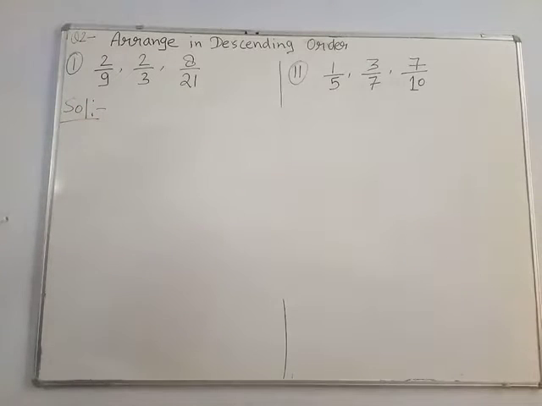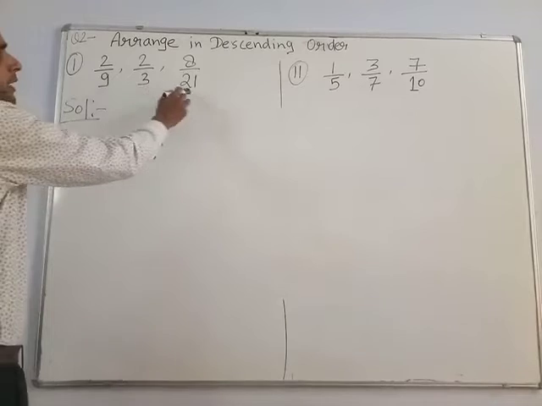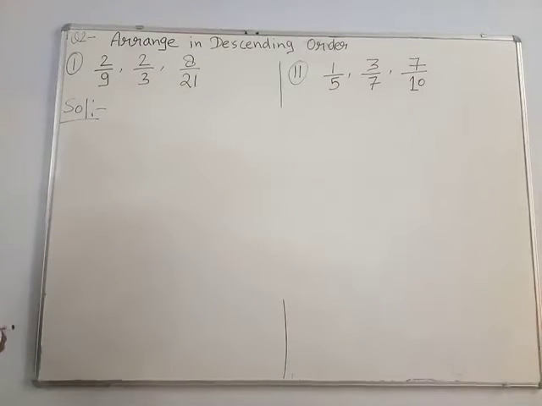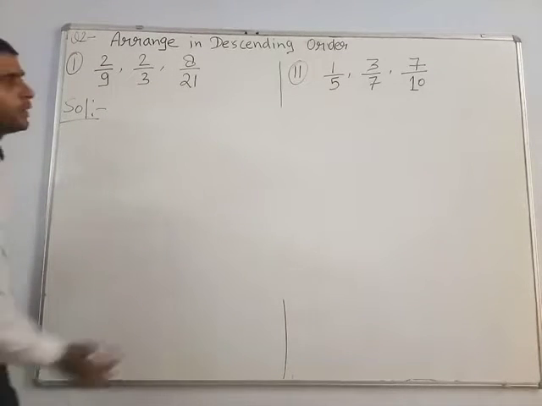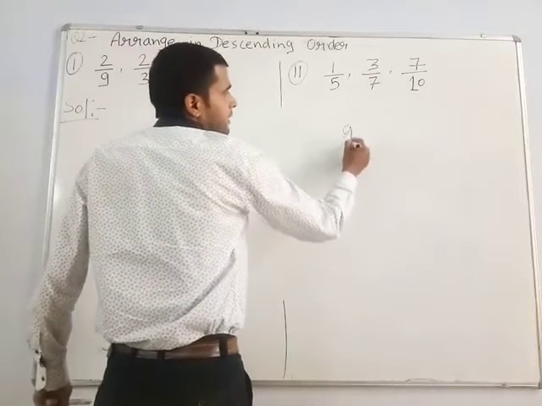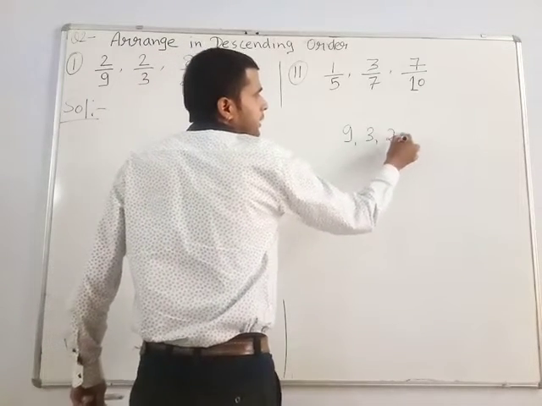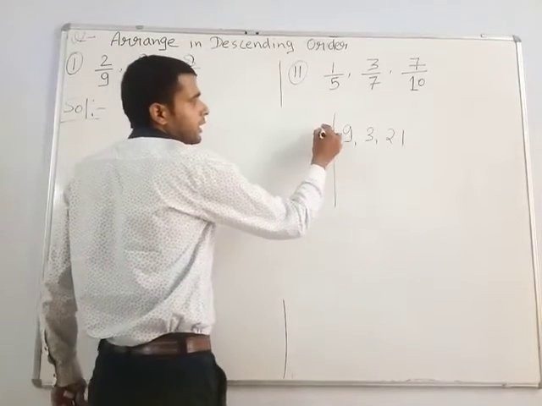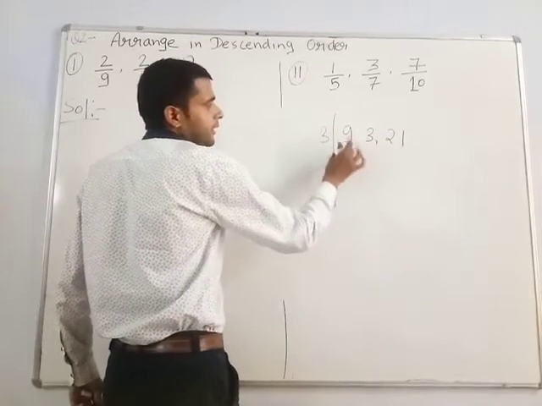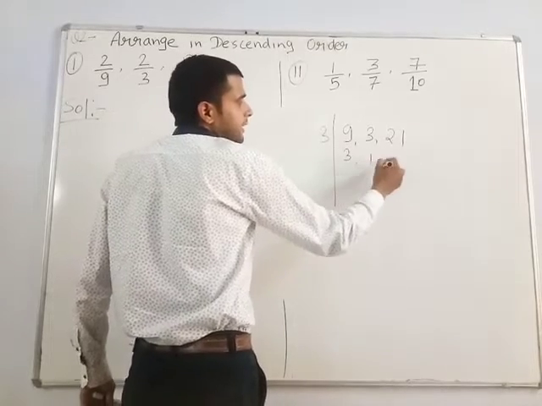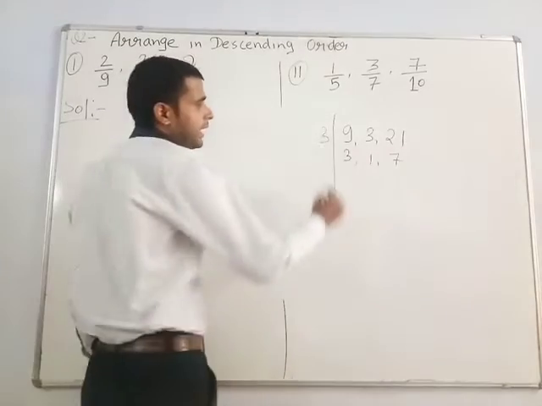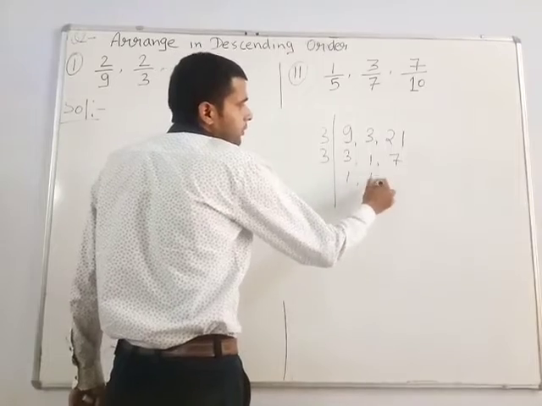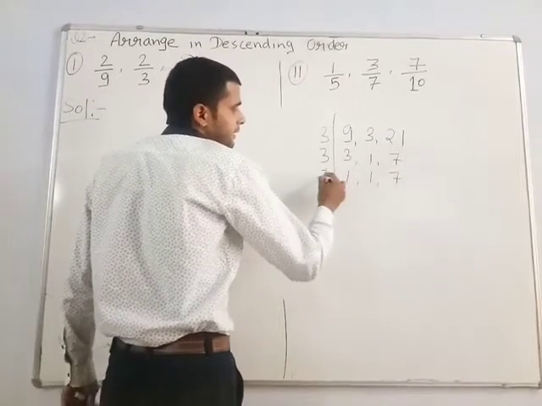first take LCM of 9, 3 and 21. You have to take LCM first. So 3 into 3, 9, 3 ones are 3 and 7. Again 3, 1, 1, 7, then 7.